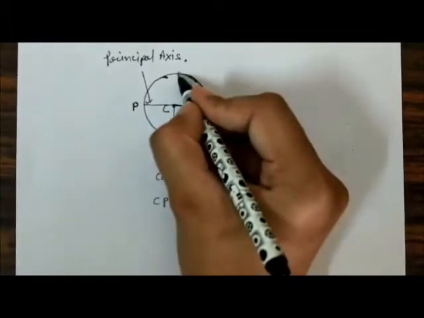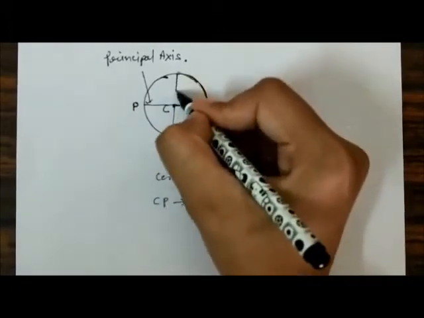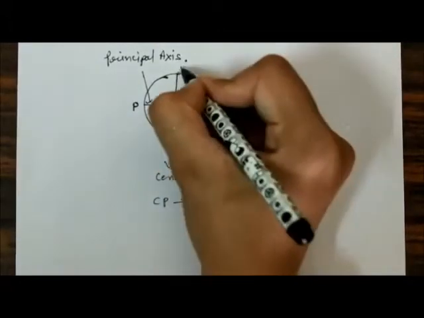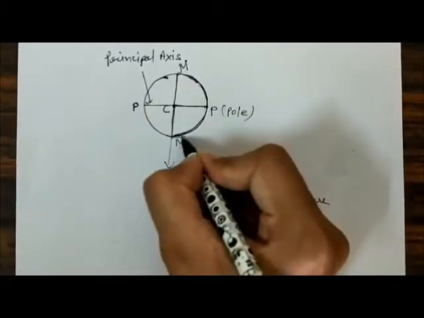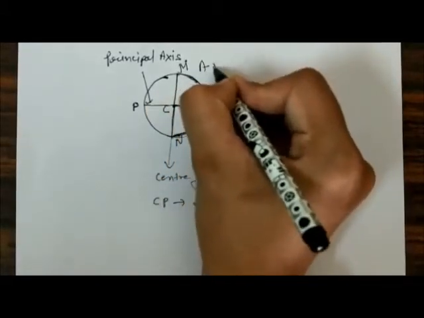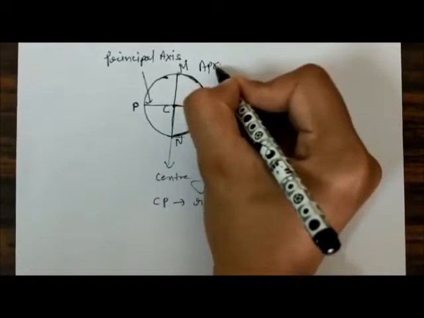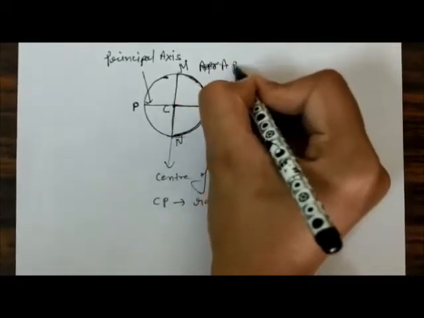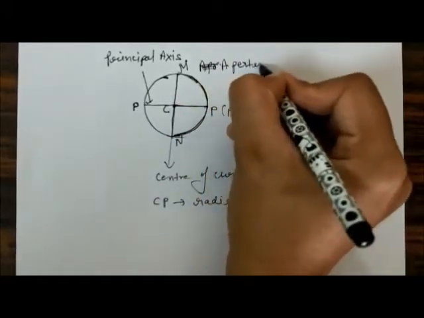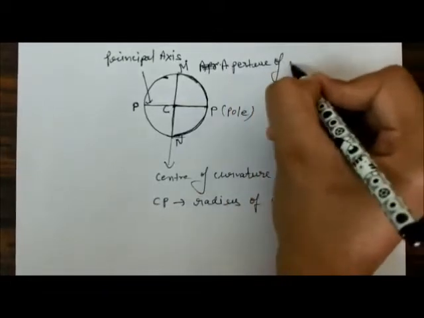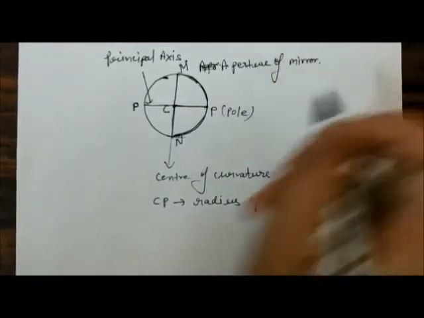And the size of the mirror from point M to N is known as aperture of mirror.